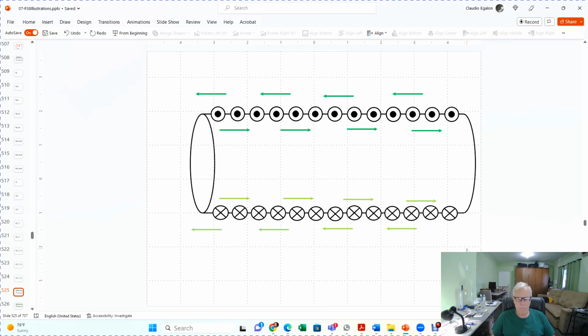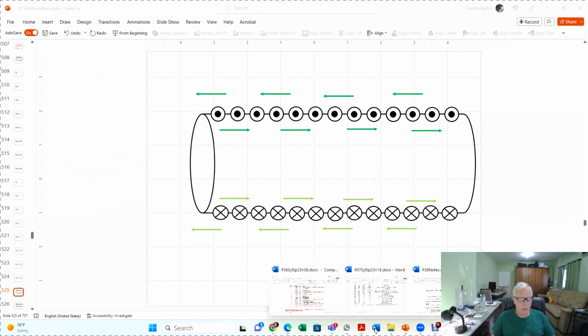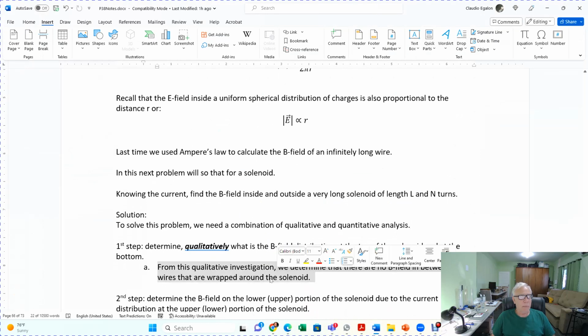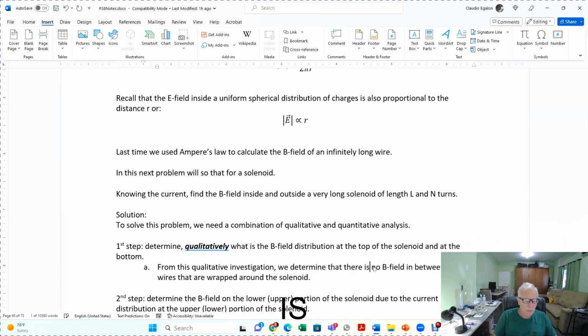Okay? So that's the first step. From the qualitative analysis, we determined that there is no B field in between the wires that are wrapped around the solenoid.